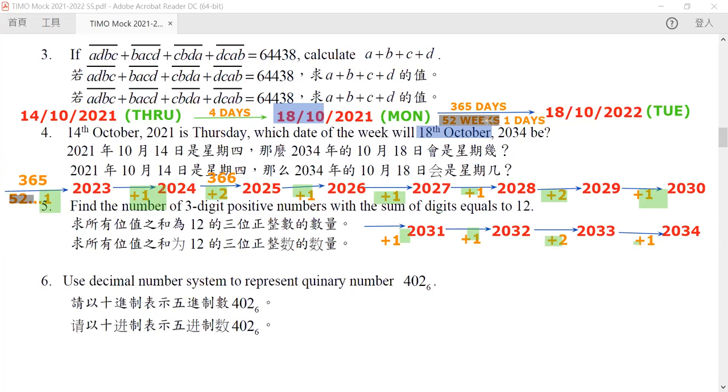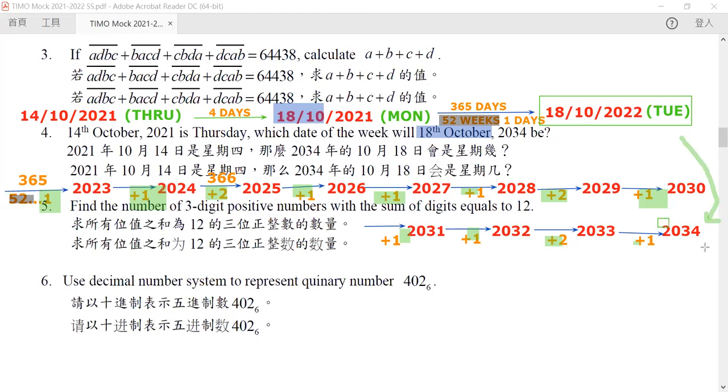So in reality, it means that if we start from this date and we want to go all the way to 2034, it will get exactly 3 times our 1 plus 1 plus 1 plus 2, and that is equal to 5.